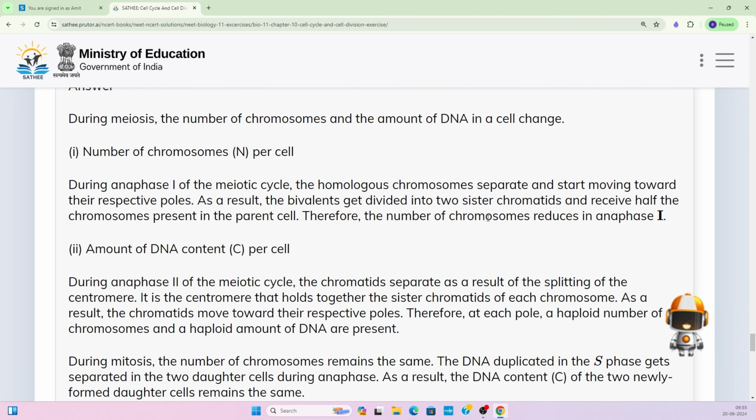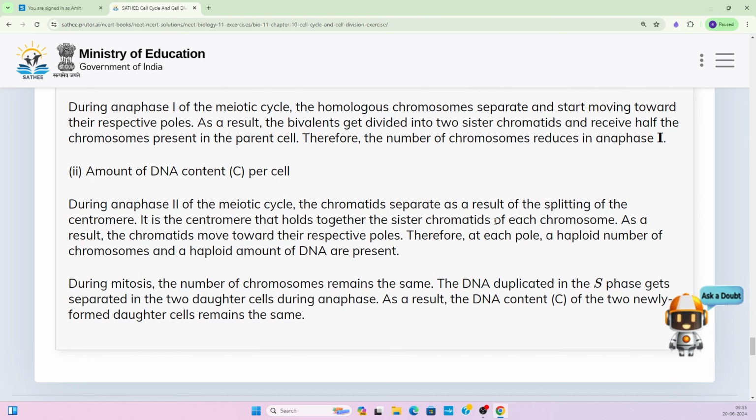Now, the second thing, the amount of DNA content, C, per cell. During anaphase 2 of the meiotic cell, the chromatids separate as a result of the splitting of the centromere. It is the centromere that holds the two sister chromatids of each chromosome.